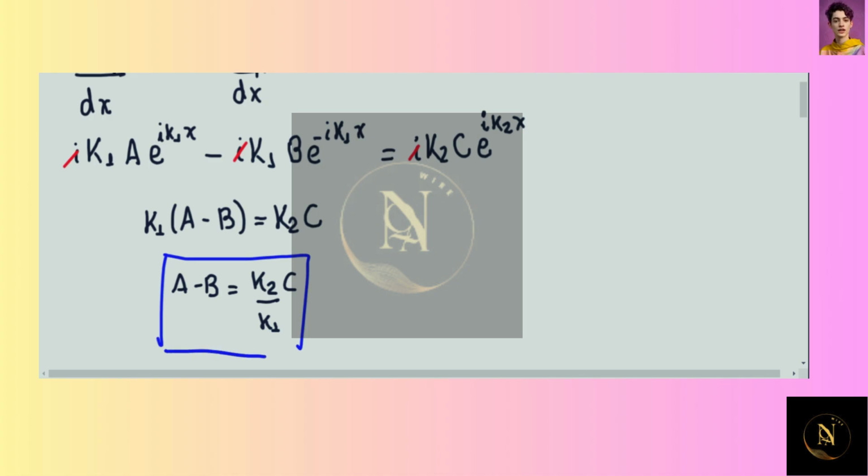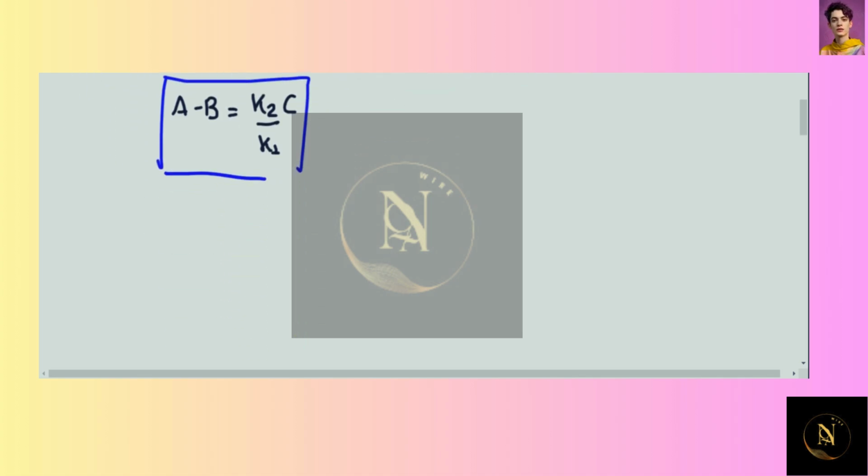Let me write them both down here. So we have the first equation, it's a plus b equals c. And the second equation, we have a minus b equals k2 divided by k1 times c.